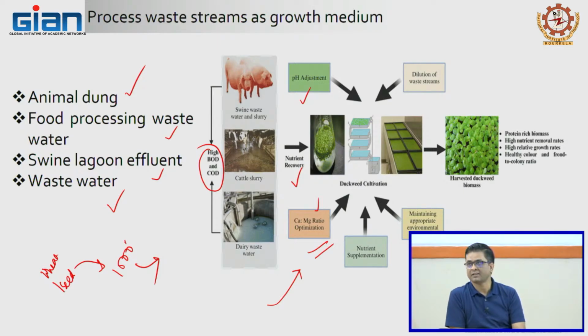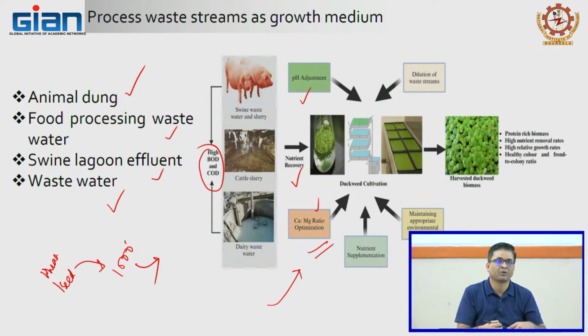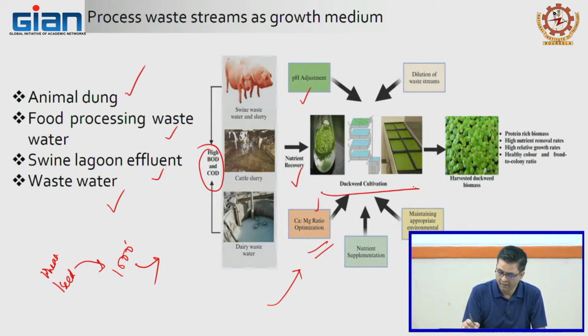In some cases in agriculture, normal eggs or rotten eggs are buried in the soil. For what? So that calcium, magnesium and all the nutrients are embedded in the soil and crops can take those, rather than supplying external chemical fertilizer to the soil. And this is the way duckweed cultivation can happen, and you get a biomass which is rich in protein.